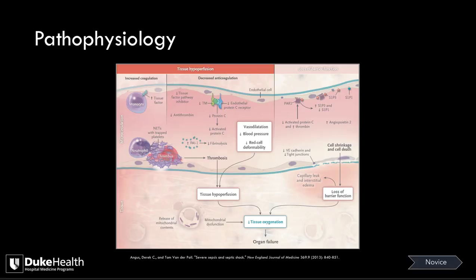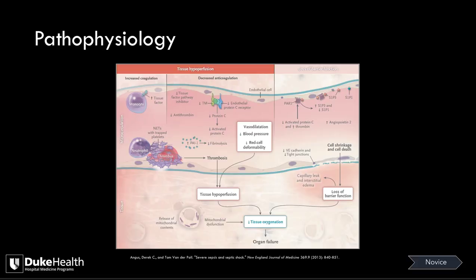And it's really this tissue hypoperfusion and decreased tissue oxygenation that results in our severe sepsis and end organ ischemia. So that's just a brief discussion on the complicated pathophysiology.